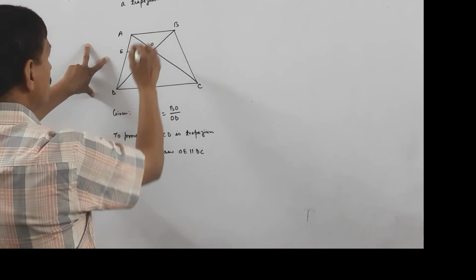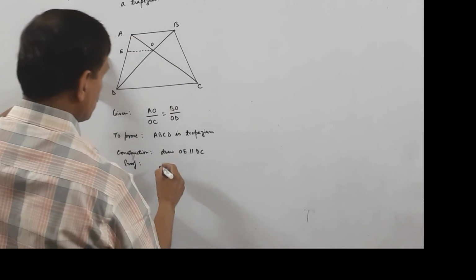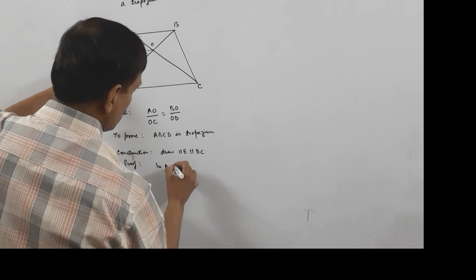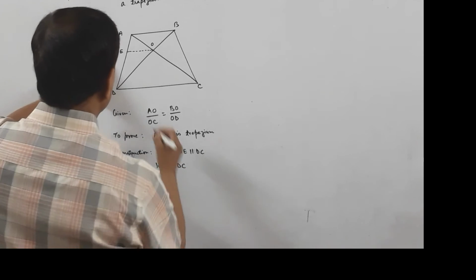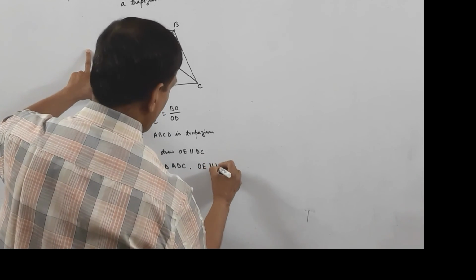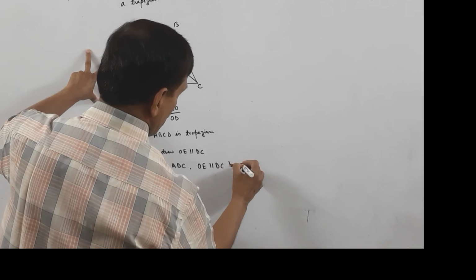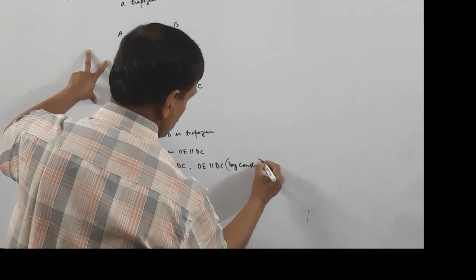In triangle ADC, OE is parallel to DC by construction.